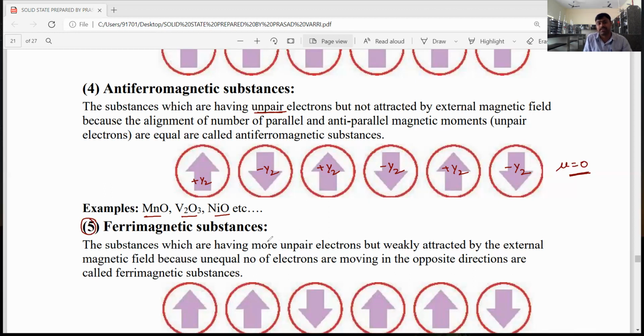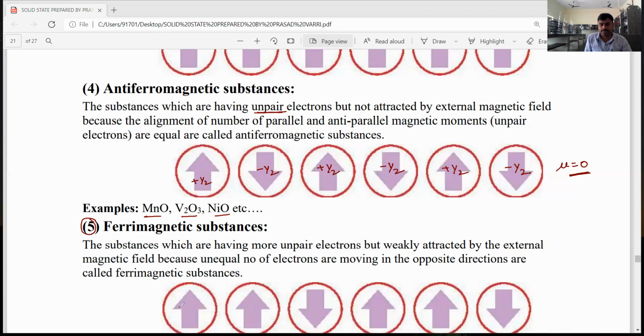A ferrimagnetic substance means a substance having many unpaired electrons but weakly attracted by the external magnetic field, like a paramagnetic substance. Why are they weakly attracted? Because of the alignment of unpaired electrons. Here the number of parallel spin electrons is more when compared to anti-parallel spin electrons.